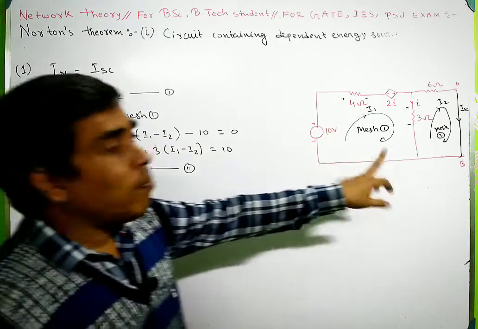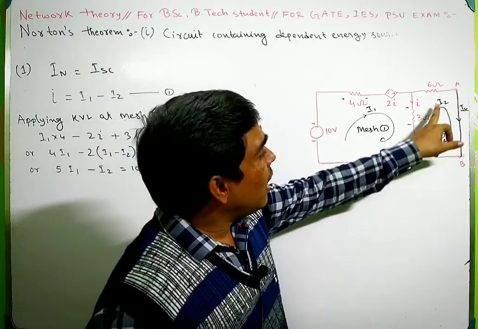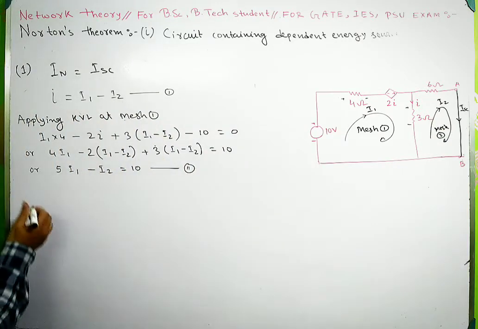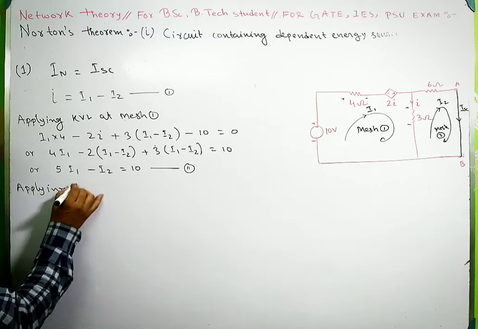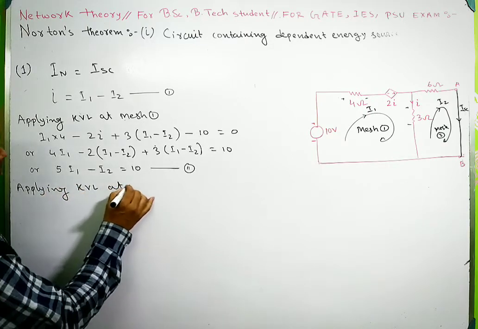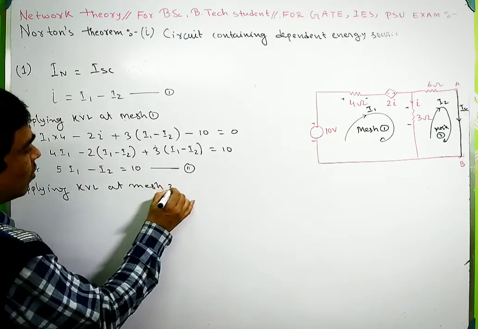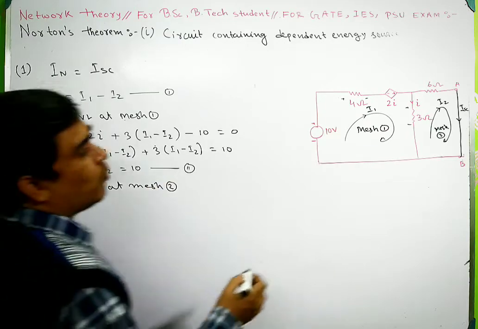Now if you apply KVL at mesh 2, what will be the equation?